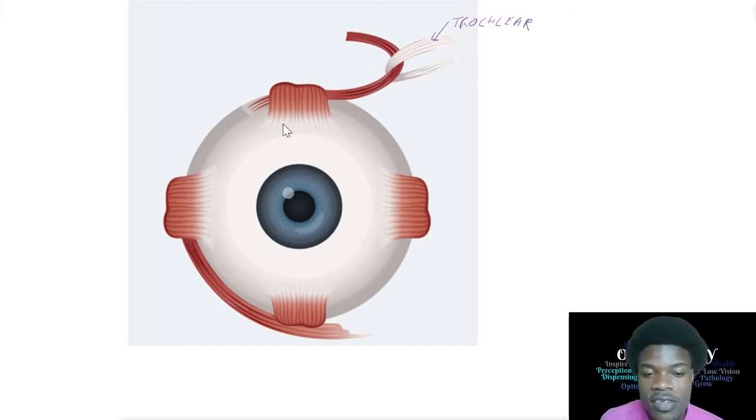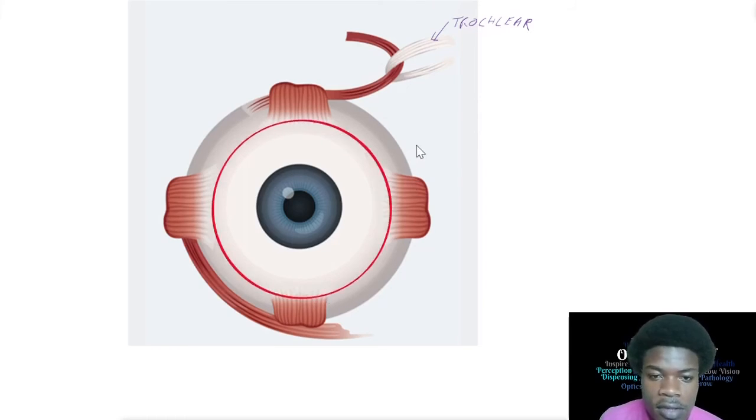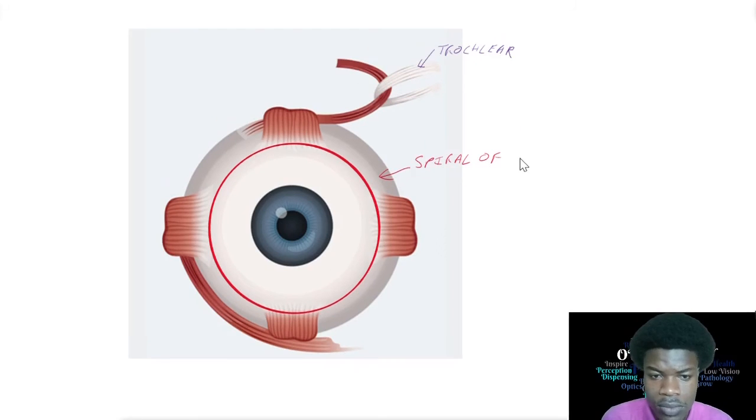And where these muscles insert into the eyeball, it is actually called the spiral of Tillaux. So this here, spiral of Tillaux.